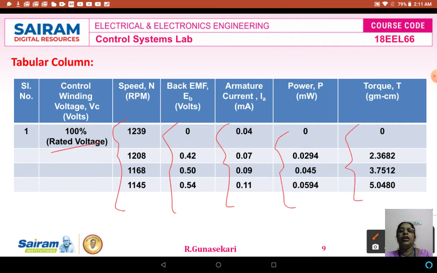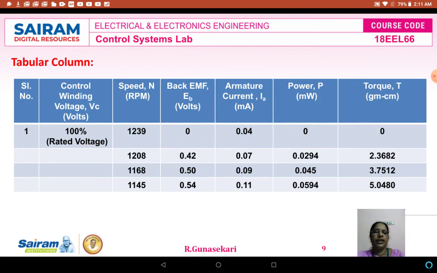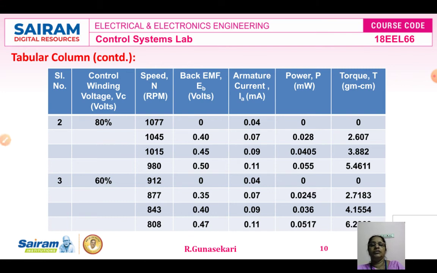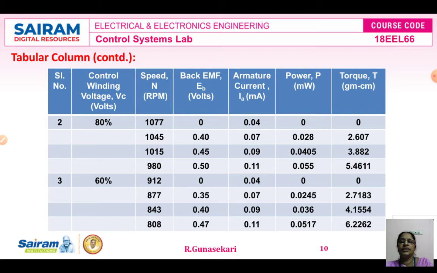This is one set of readings. Then you can set another value, that is 80%, 60%. Again we take 4 readings of speed, back EMF, armature current, and then calculate the power and torque by using the formula.